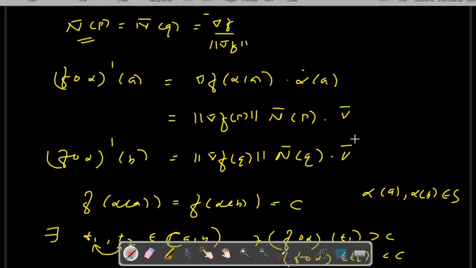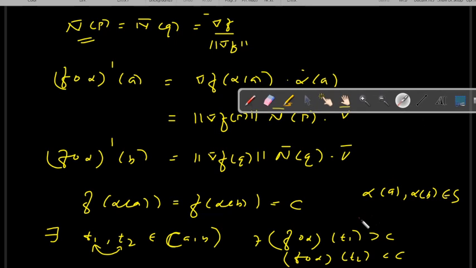If they have the same sign, both will be increasing or both will be decreasing. But here you see f of alpha of a equals f of alpha of b equals some constant c. Then there exist t1 and t2 between a and b such that at t1 it will be greater than c, and at t2 it will be less than c.